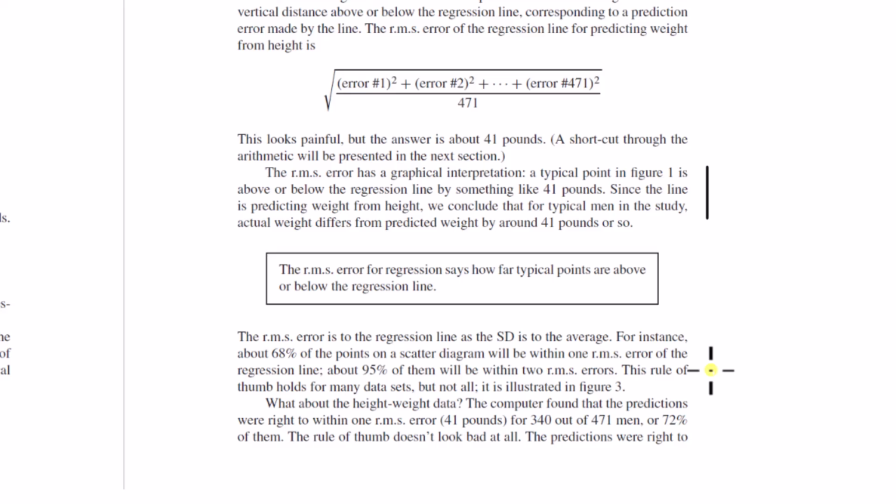Okay, but with that being said, they say, for instance, about 68% of the points on a scatter diagram will be within one RMS error of the regression line, 95%, etc. The only thing I don't like about what they're saying here is that it's kind of implying that the standard deviation is only something you can use with normally distributed data.